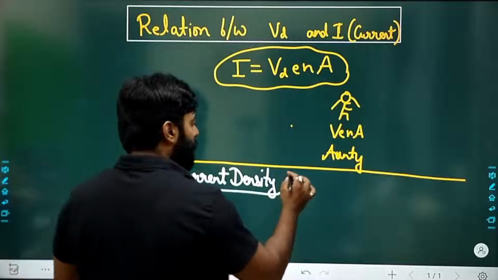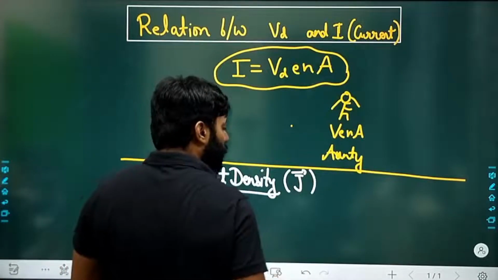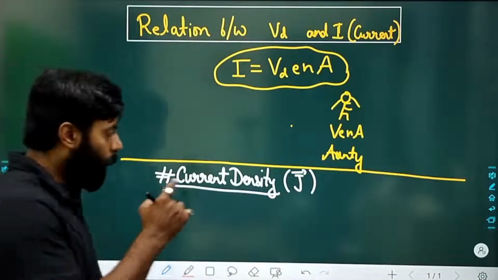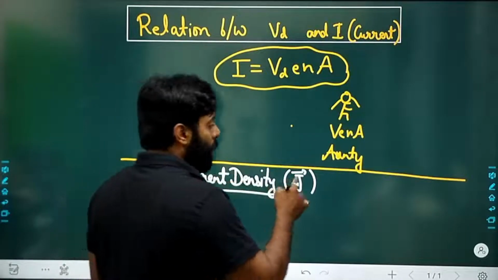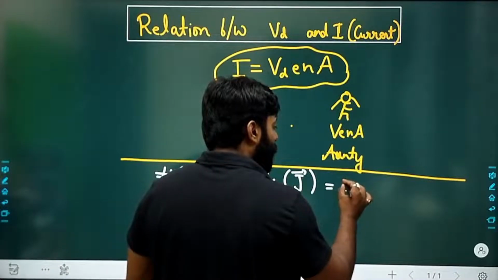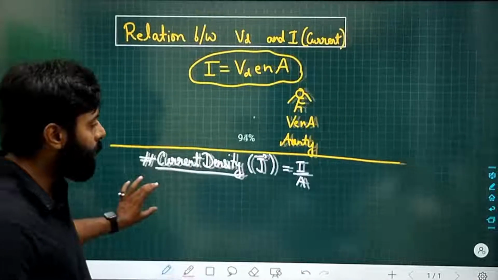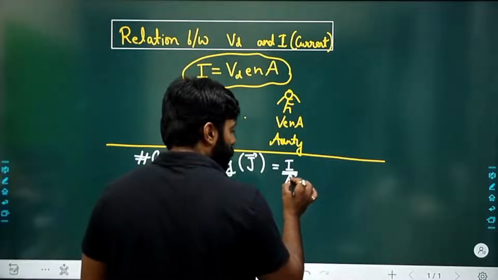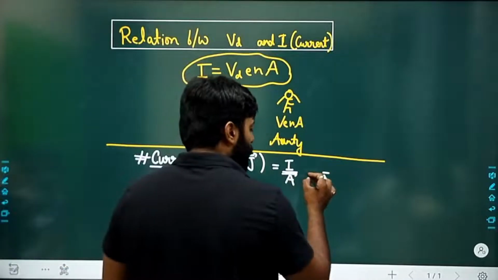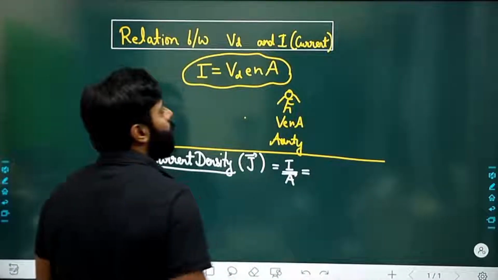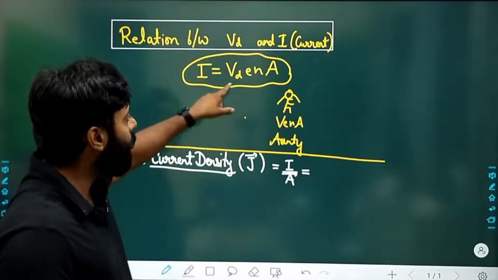So current density is denoted by J, and from here you will get one previous year question. Current density is basically I upon A. A is the vector, but this is not the right way to write any vector. I'll tell you what the right way is.